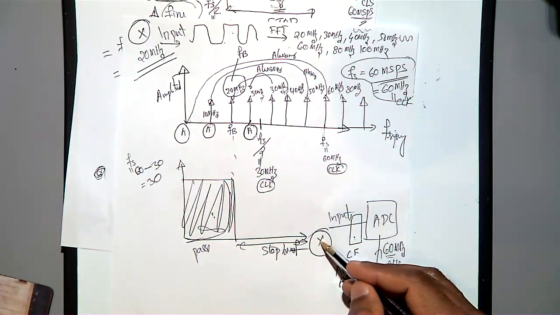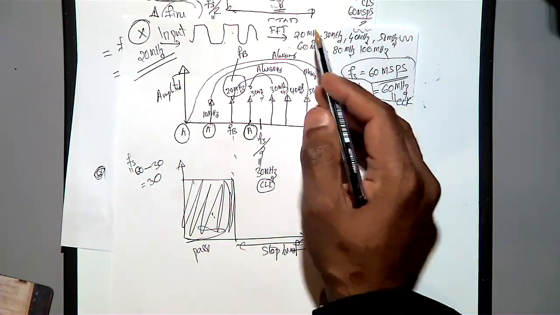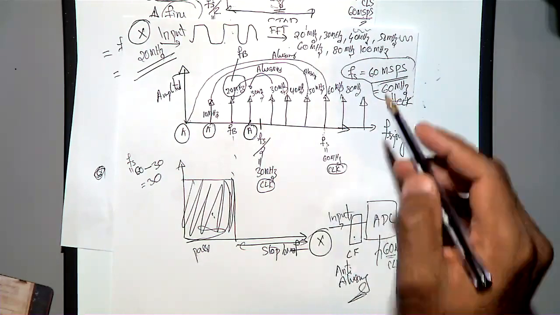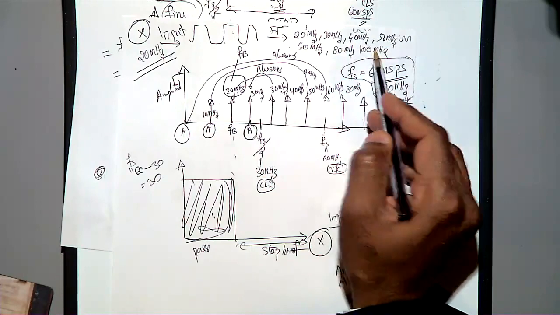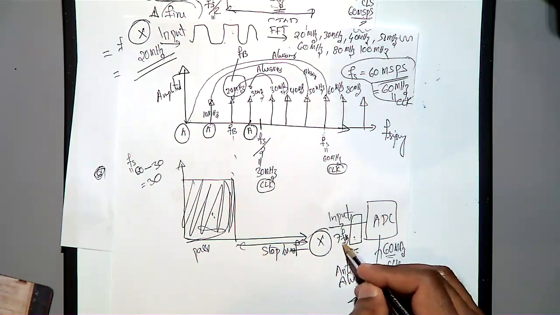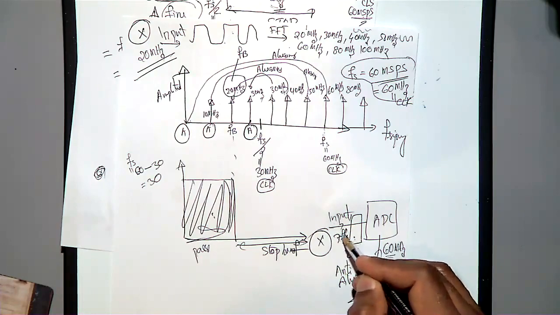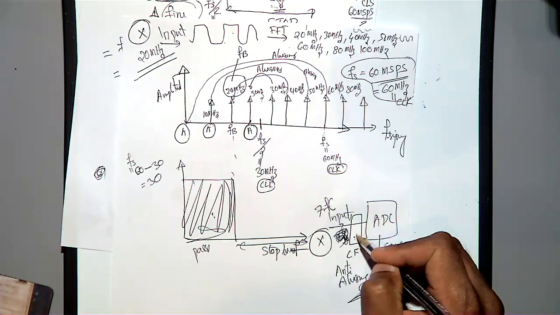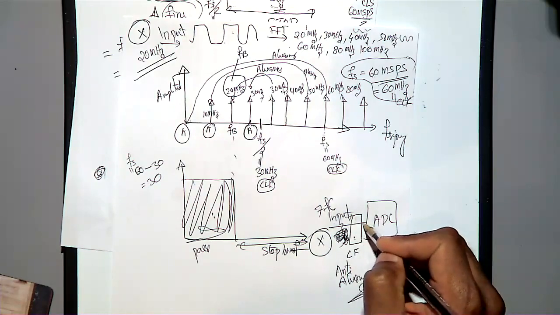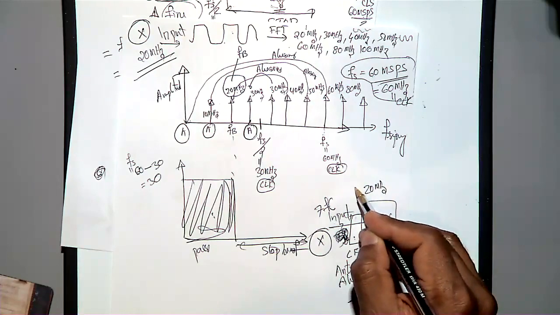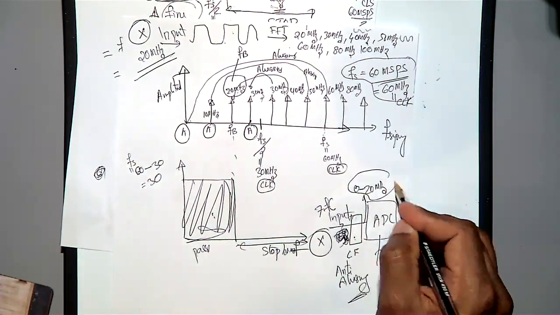So then your X, this I say is the FFT, has all the frequencies 1, 2, 3, 4, 5, 6, 7. Seven frequency components, FC, are going in, and with this anti-aliasing filter only 0 to 20 megahertz will go to the ADC.